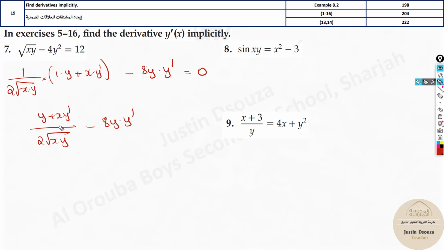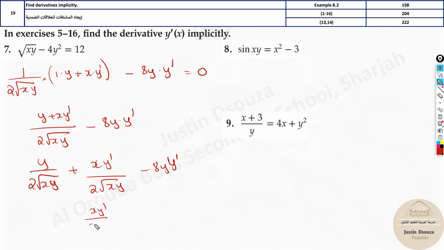So this can be split out, distributive property. So you will get y divided by 2 root xy plus xy dash divided by 2 root xy minus 8y y dash. Take this term to the other side, keep both the y dash together. So that can be done. So xy dash divided by 2 root xy remains, and minus 8y into y dash remains.